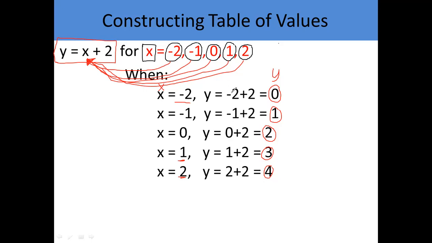So all of these are the values of x that we replace in the equation. When x is -2, -2 plus 2, that is x plus 2. Did you understand? Did you get it?